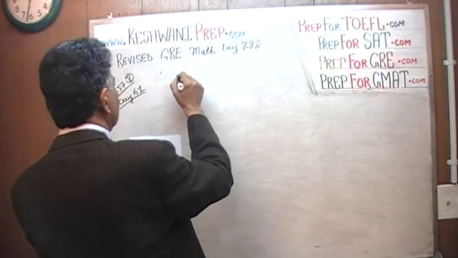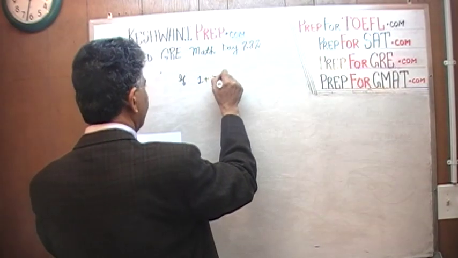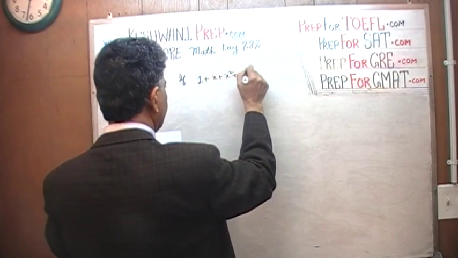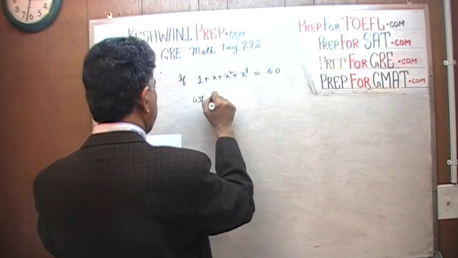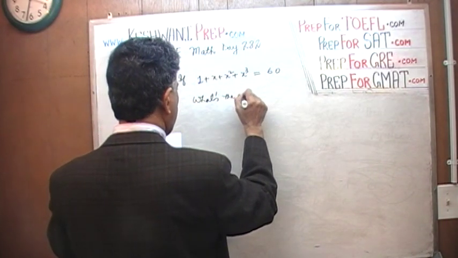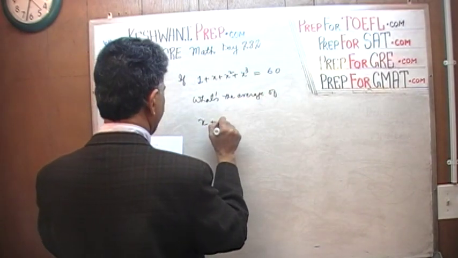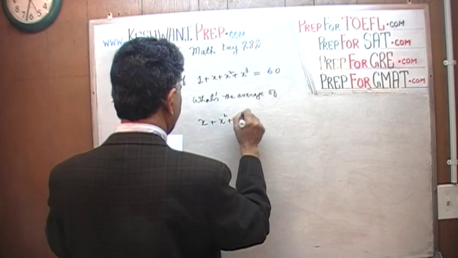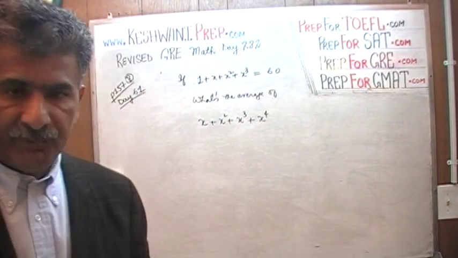We are told that if 1 plus x squared plus x cubed equals 60, what's the average of x, x squared, x cubed, and x to the 4th? Well, how do you find the average of 4 quantities?